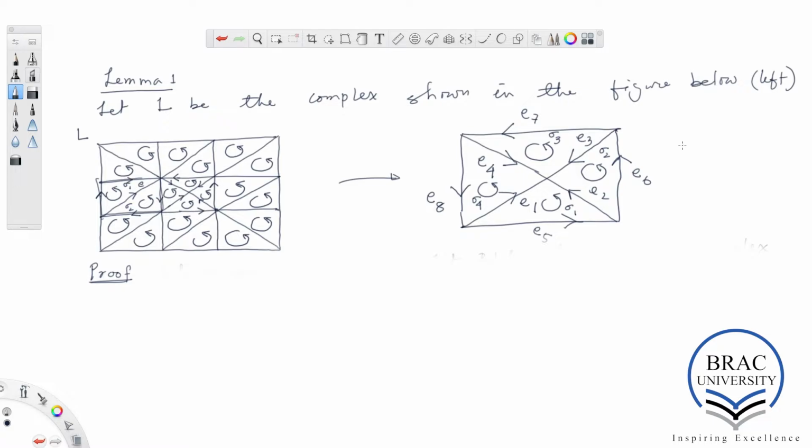So let me draw the picture of this rectangle here. This is the zoomed in rectangle of the complex L. All right.